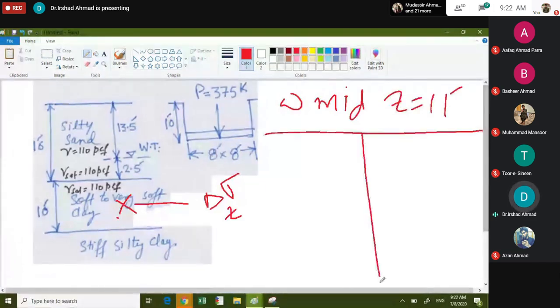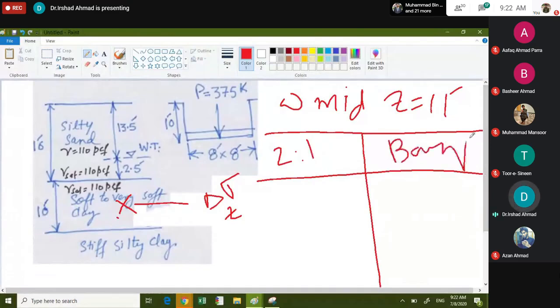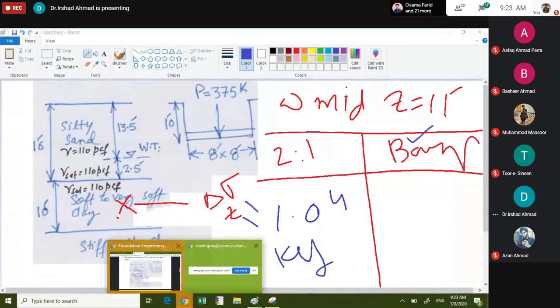From slope 2 to 1 method and from Boussinesq, you can compare those. From slope 2 to 1 method, it was 1.04 delta sigma. And from Boussinesq equation, what is the value? You just found it, right? Let's go and see.